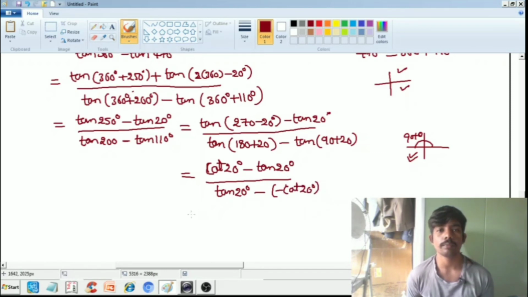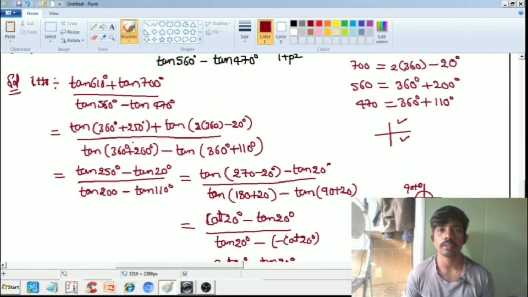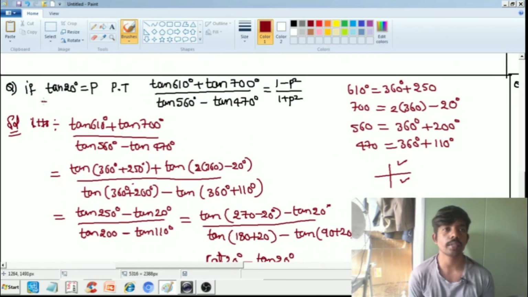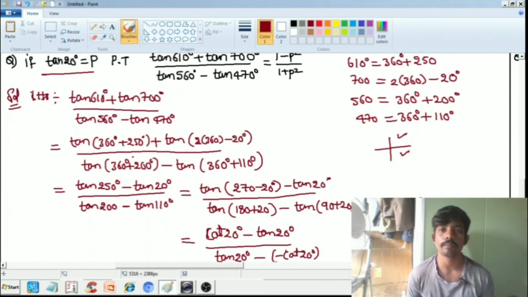So from here we write cot 20 degrees minus tan 20 degrees by tan 20 degrees plus cot 20 degrees. From the given condition, we have tan 20 degrees equal to P.